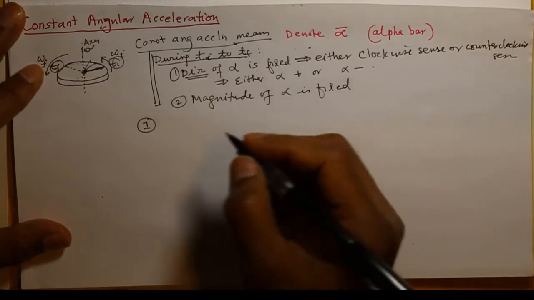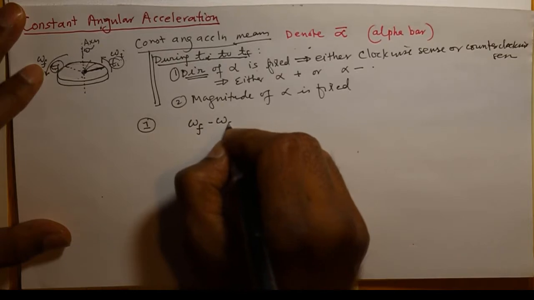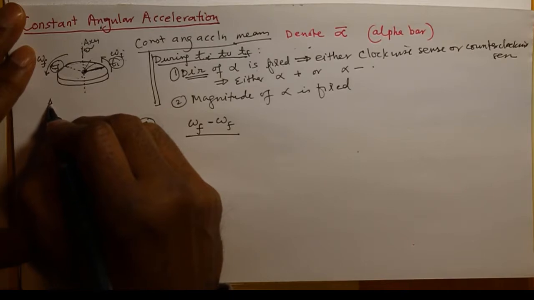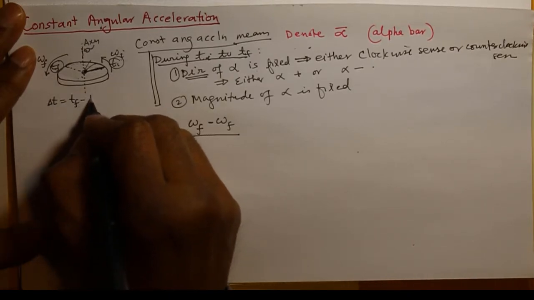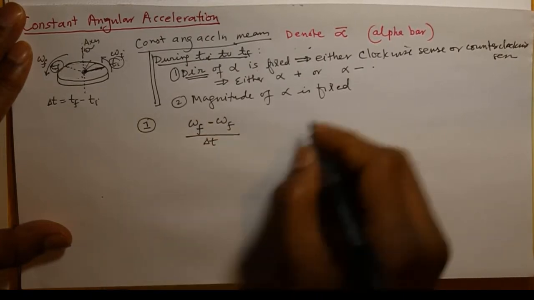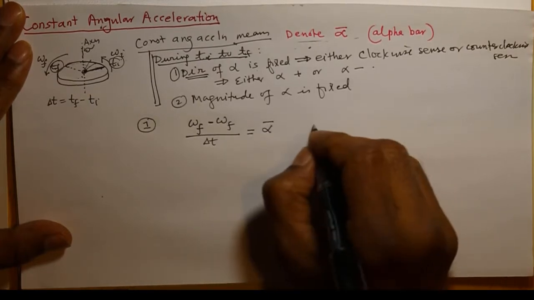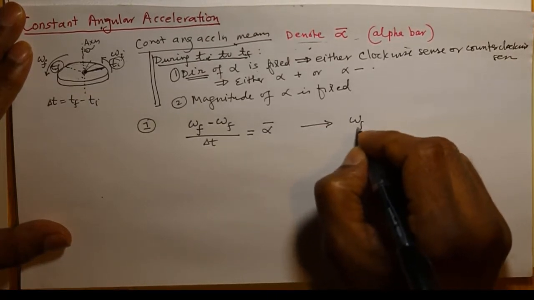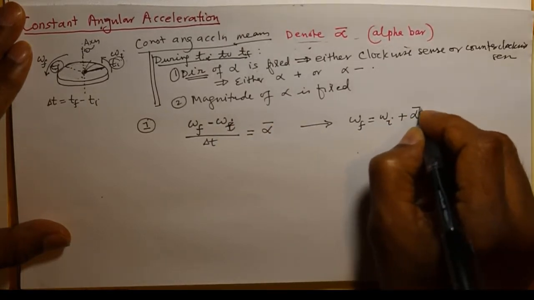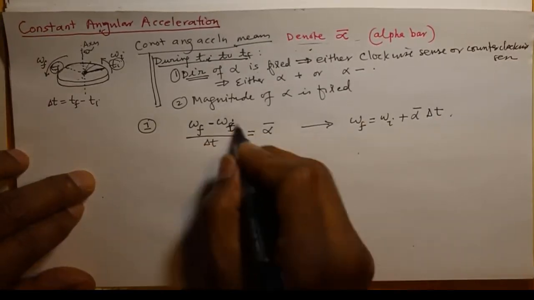This is a no-brainer. This is the change in angular velocity, and it took delta t, which is tf minus ti, just for simplicity. So this is the average angular acceleration, which has to be the same as the constant one. You can write it many different ways. You can write omega f equals omega i plus alpha bar delta t. But this is basically coming from the conceptual definition.